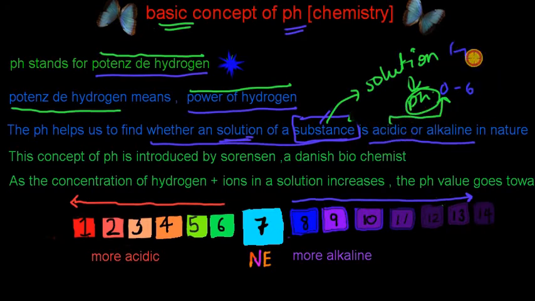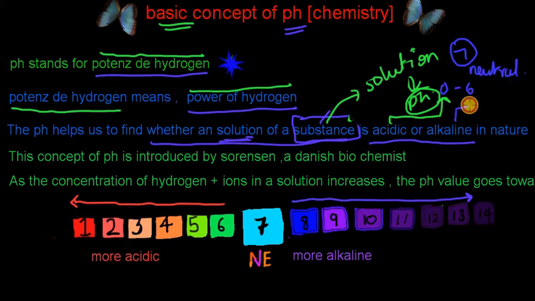The solution of a substance which has a pH value of 7 is actually neutral in nature.